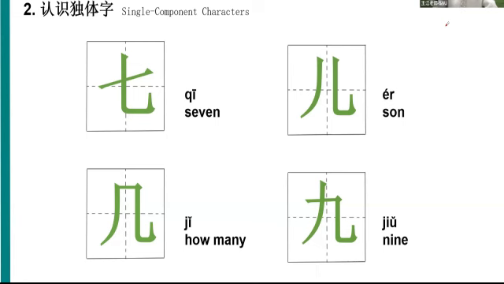Only about 1,000. I think 1,000 is not too much, right? If you learn 3 Chinese characters each day, it will take you about 1 year to master the 1,000 Chinese characters, right?